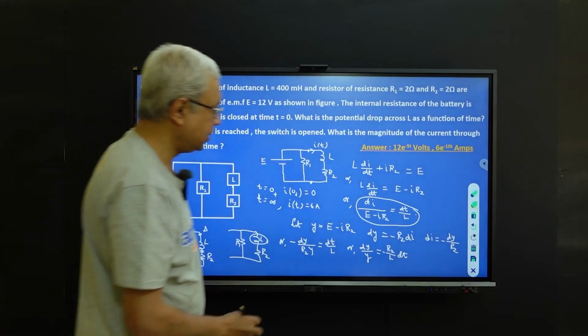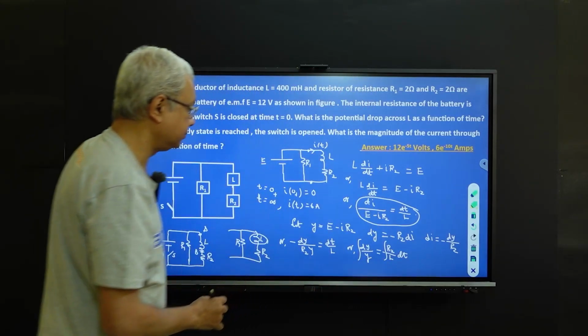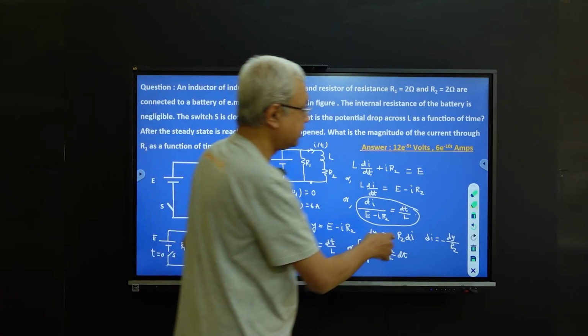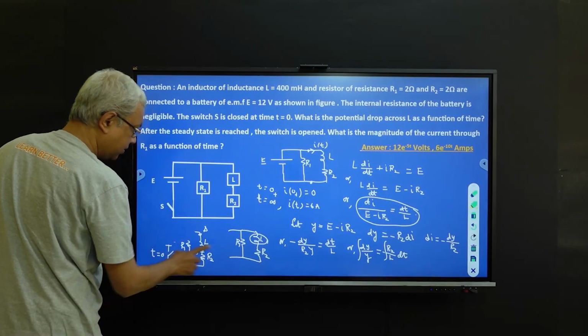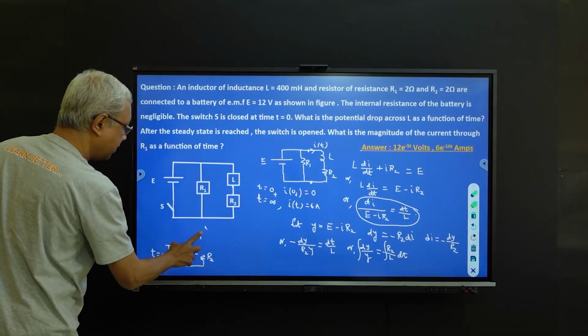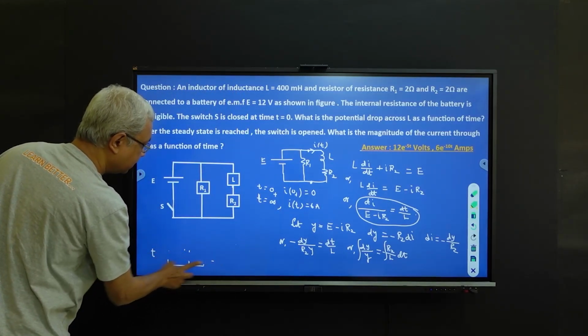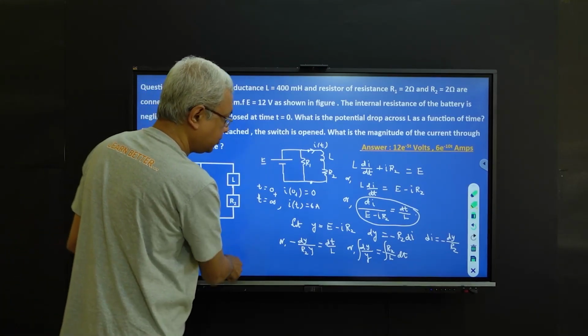All right. So if I integrate both sides, then what happens? Let me work out the steps in this space.